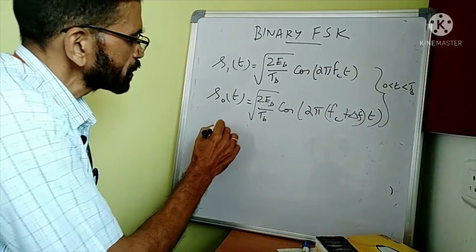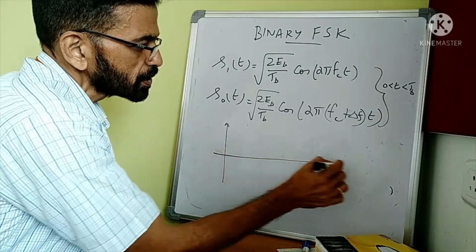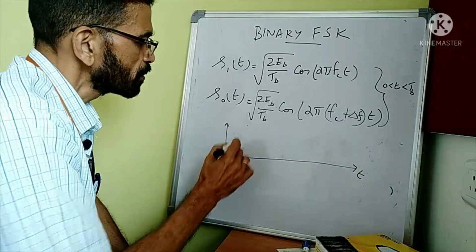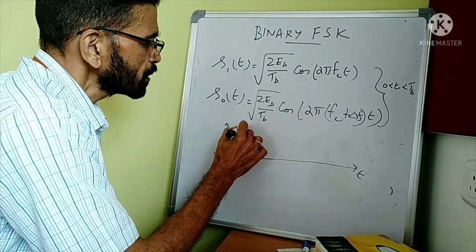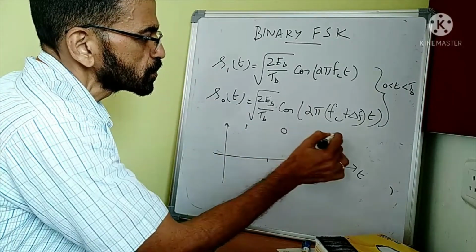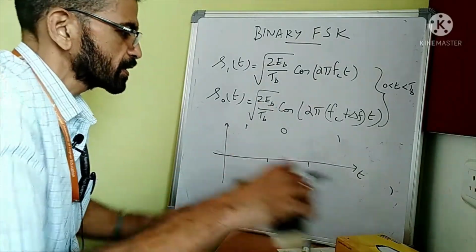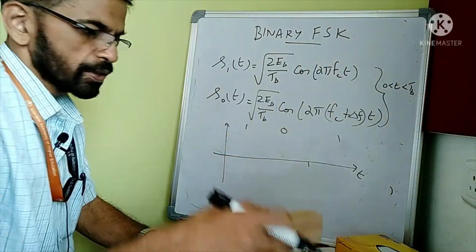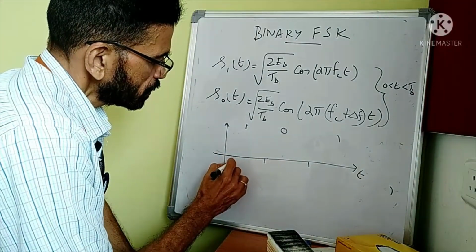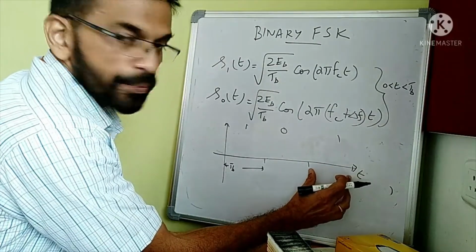Before that, for completion of the discussion, I will sketch a rough binary FSK waveform. Let's say, as earlier, the bit sequence is 101, and let's take, for convenience, this is TB, this will be TB, and this is TB, say.